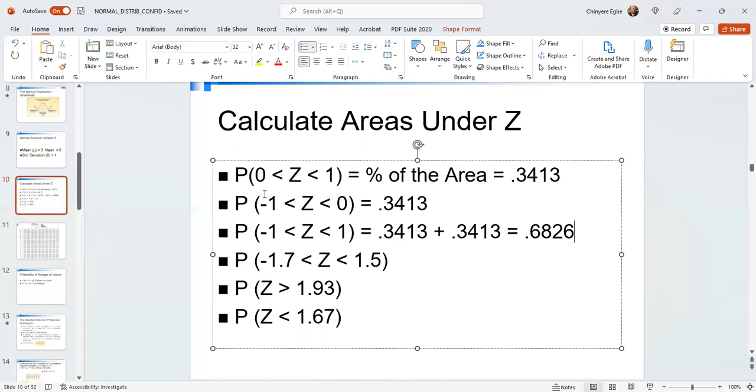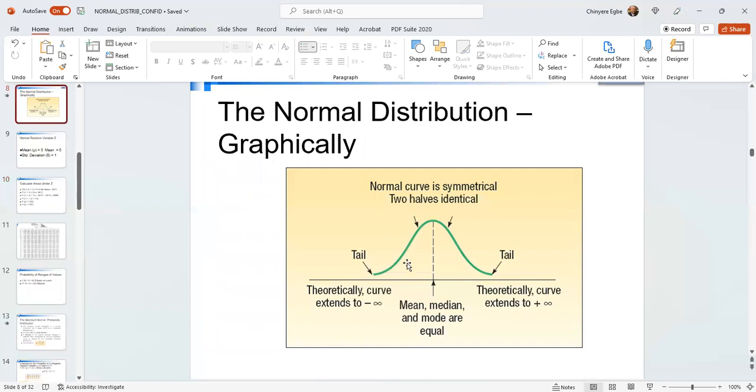Now, if you want to get the area between -1.7 and +1.5, you realize that -1.7 is on the left and +1.5 is on the right.